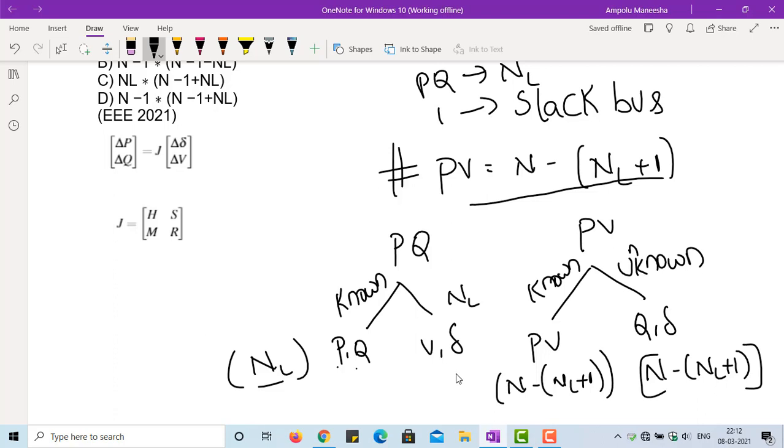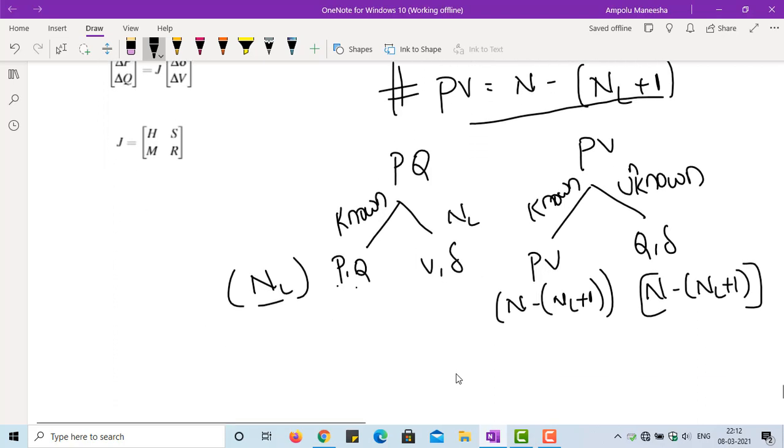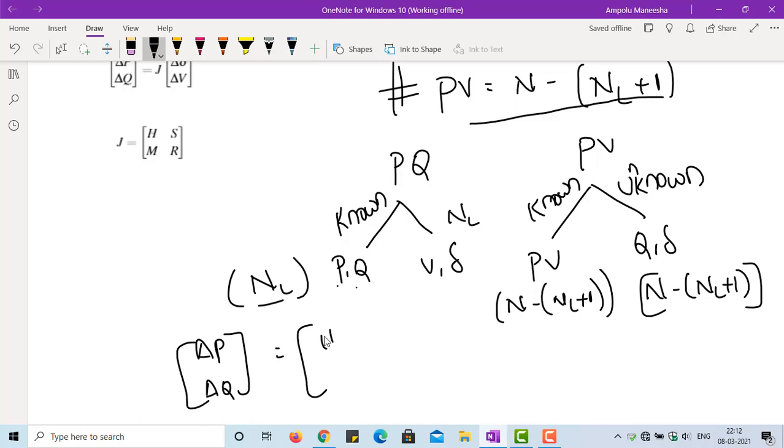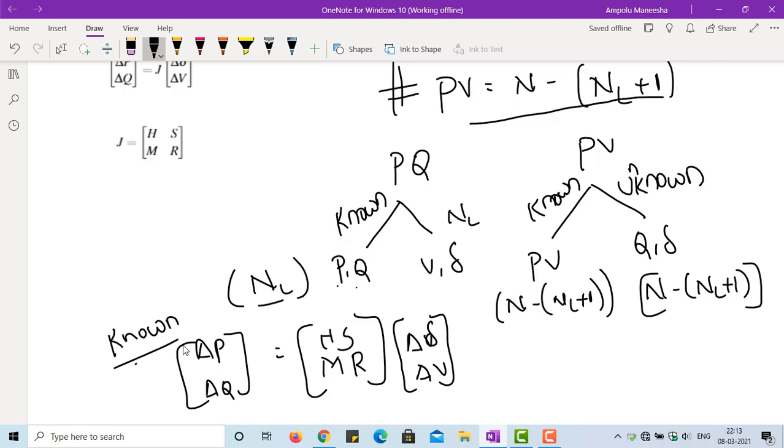So, from the Jacobian matrix, this is delta P, delta Q is equal to H, S, M, R into delta delta and delta V. Delta P and delta Q, this side this is known vector, and delta delta and delta V is the unknown vector.